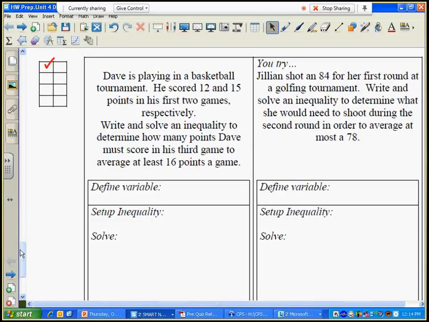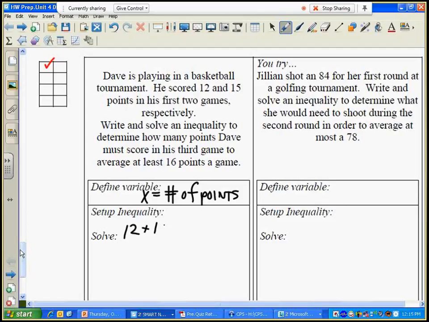Okay, there's a lot of information here. First, let's find that variable. It's asking us to determine how many points. So I'm just going to go ahead and say that x is number of points. They're talking about an average in 3 games. And so if you're trying to take the average of 3 things, you add them together and divide them by 3. So we know 2 of his scores, 12 and 15.